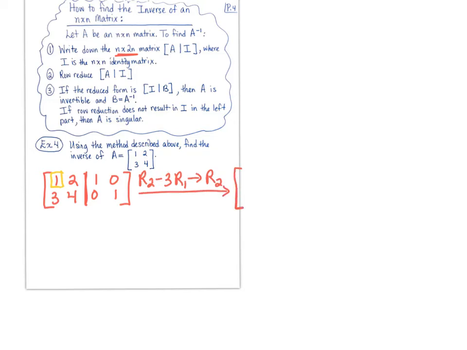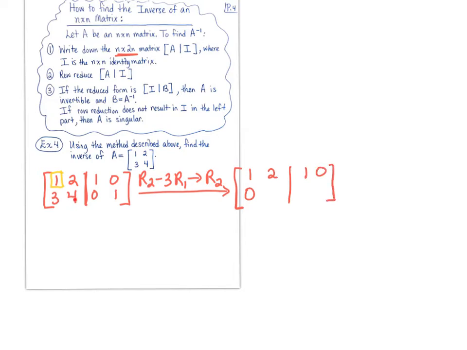Would you like a minute to write it out, or do it together? Together? Okay, so you would have row 2, which is 3 minus 3 times row 1. So 3 minus 3 gives us 0. Notice that row 1 isn't changing, so we have 1, 2, 1, 0. Row 2 is changing.